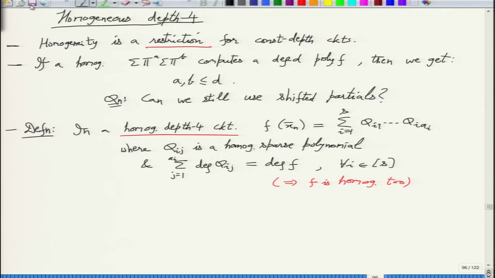So that's the definition we'll take: a depth 4 circuit where every factor is homogeneous, and in a product the sum of the degrees of the factors is the degree of the polynomial being computed, f. So the addition gates will also be adding up equidegree monomials.